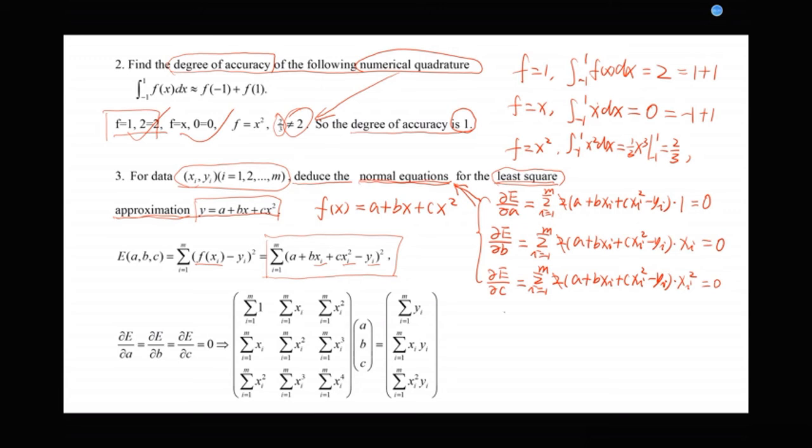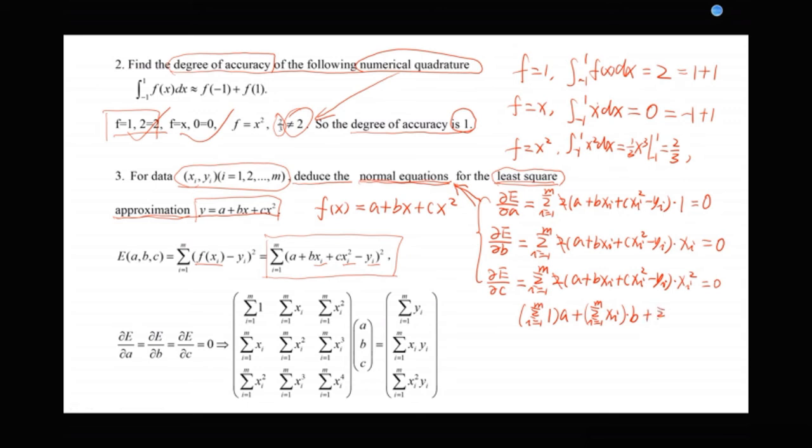We write the first equation by sigma i from 1 to m. We can move a outside the summation, so it is the summation of 1, multiplied by a. Plus the second term, we take b outside the summation, so this is the summation of xi from 1 to m, multiplied by b.